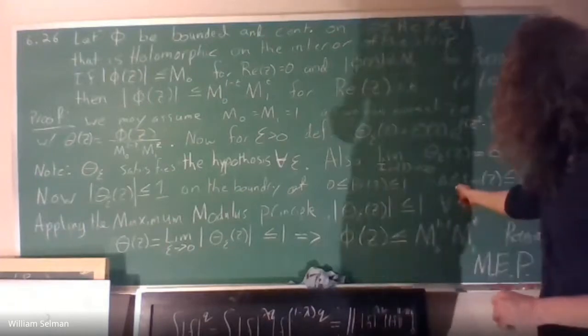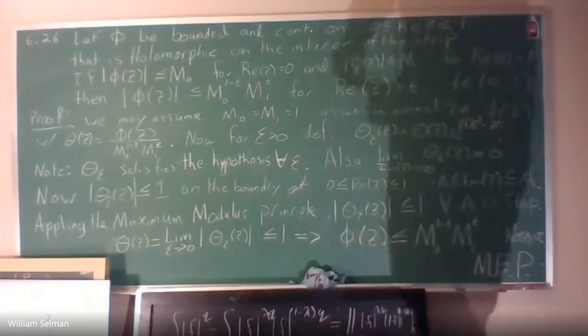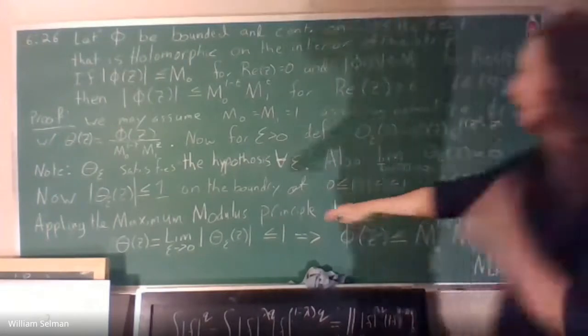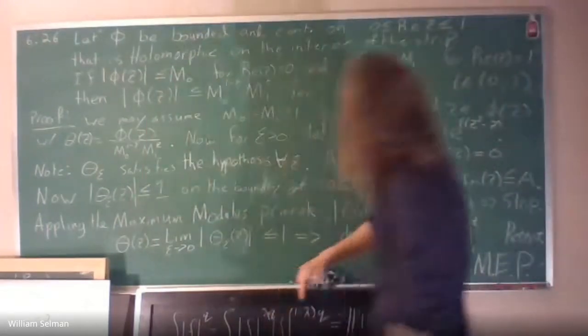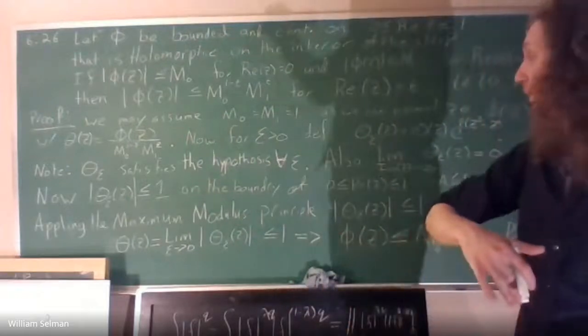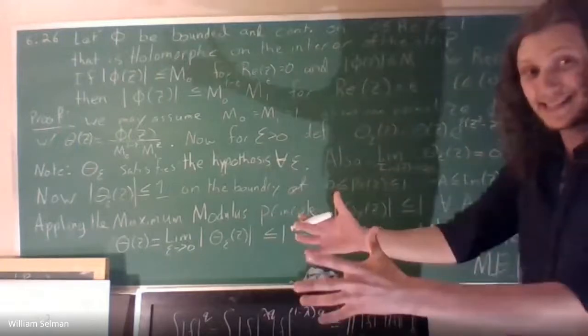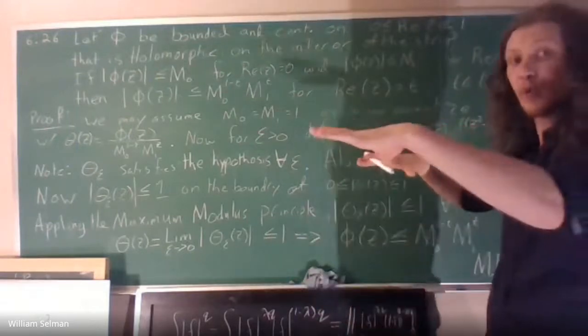Now, because we have a compact domain where the function has this property on the boundary, we know that it must not have any local maximum inside of the domain greater than 1, because we know what the boundary looks like.